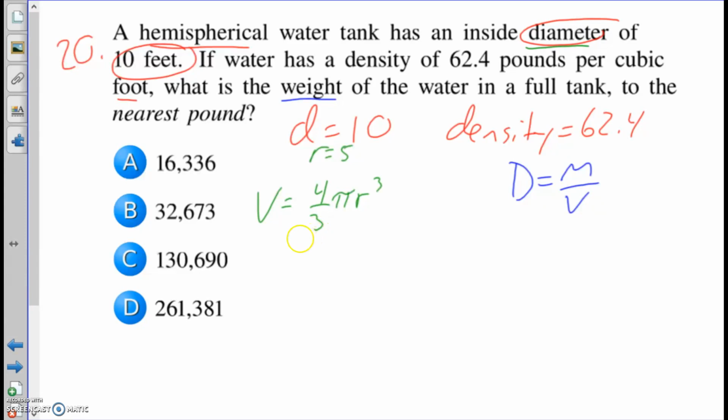But that's a full sphere, so we're going to have to divide that by 2. You could do half of 4/3 and just make it 2/3, but I'll divide the whole thing by 2 because that's what I think most people will do here. So the volume is 4/3 pi 5 cubed divided by 2. And let's see what this works out to be.